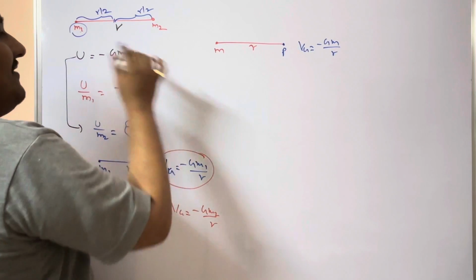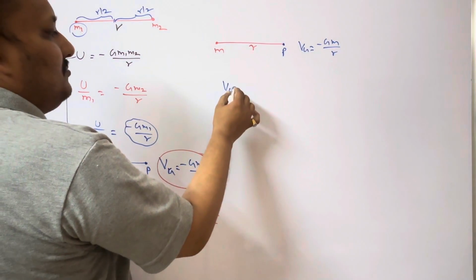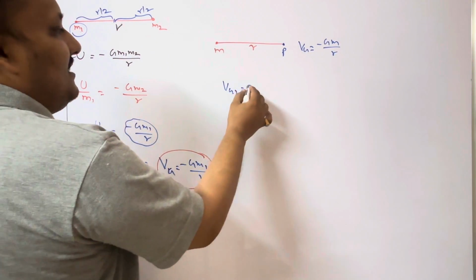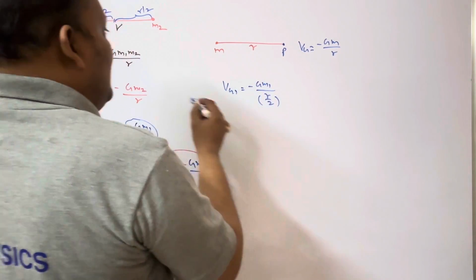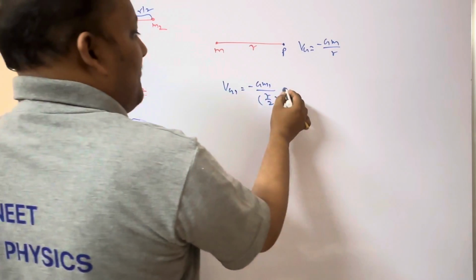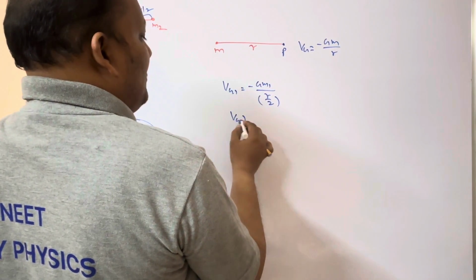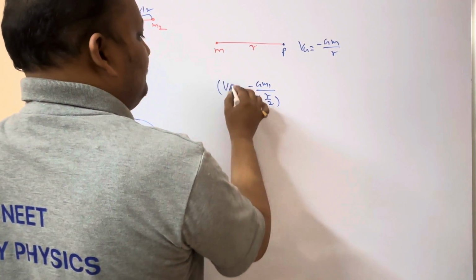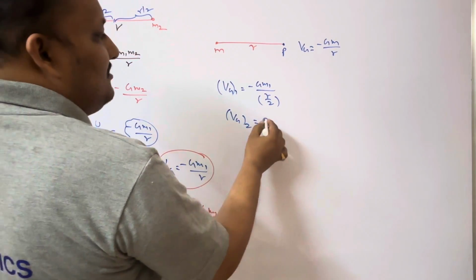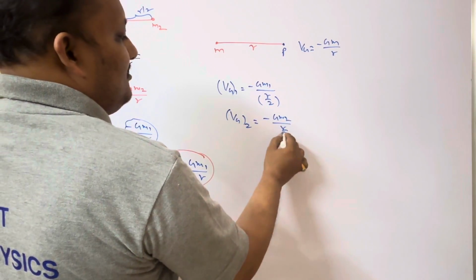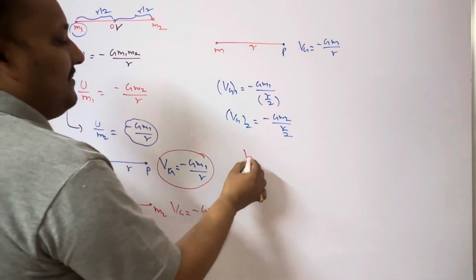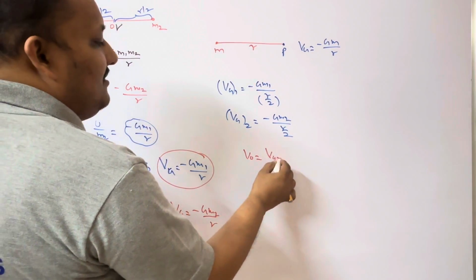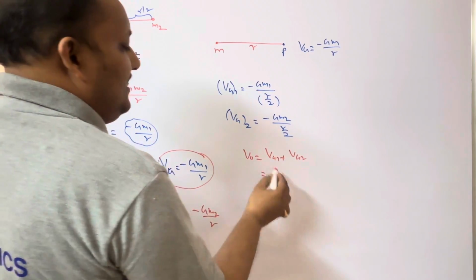Therefore, the gravitational potential because of m1 is minus G m1 by r by 2. Next, the gravitational potential because of m2 is minus G m2 by r by 2. So what is the total gravitational potential at the center? V naught is equal to Vg1 plus Vg2.